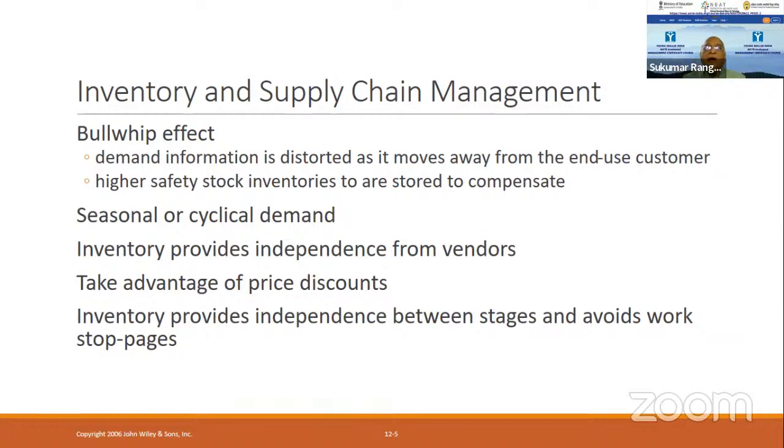So demand information gets distorted as it moves away from the end use and goes backward. Higher safety stock inventories are to be stored to compensate. The reverse can also happen. The reverse can happen when there is a contraction in demand, and that gets amplified to a very large contraction when it comes to the supply side.